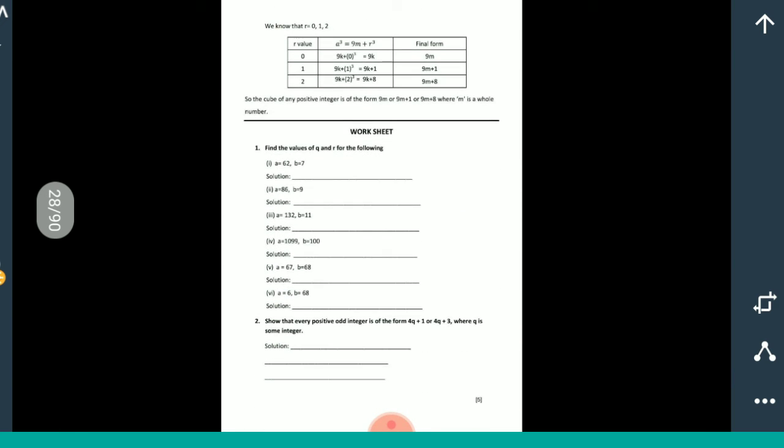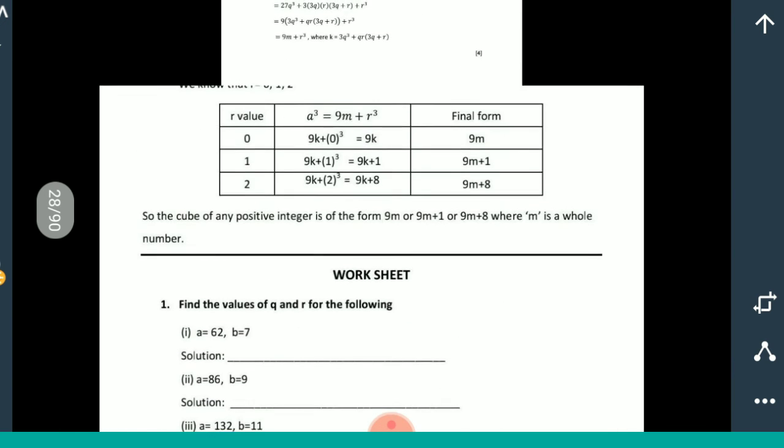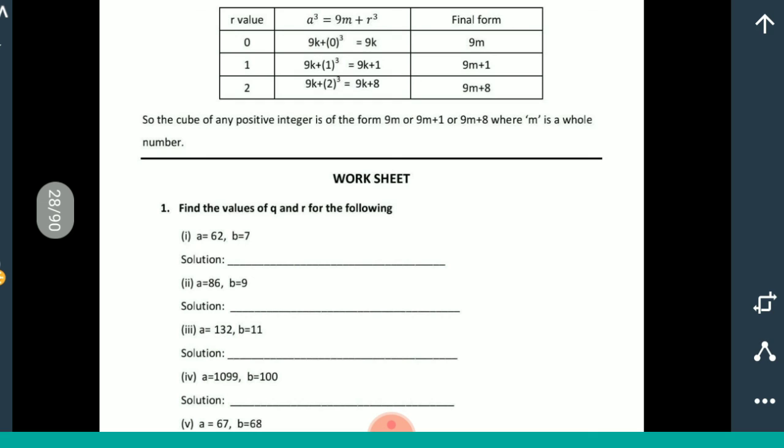So now again we need to get the other forms. The r value is here 0, 1, 2, and a cube is equal to 9m plus r cube. Then we have to get the final forms. Whenever r is equal to 0, we can write 9m plus 0 cube, that is 9m in the final form.